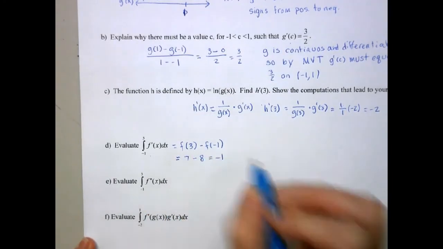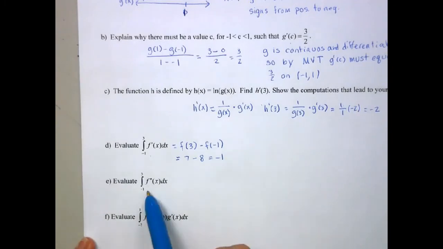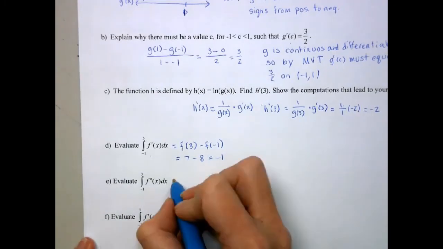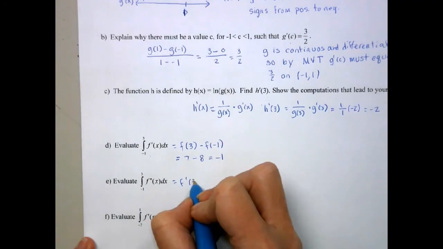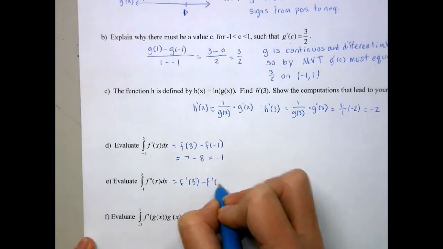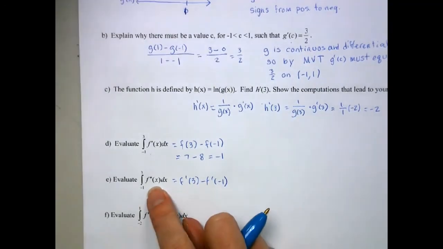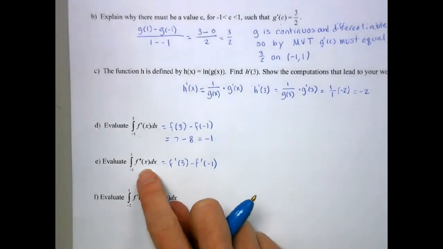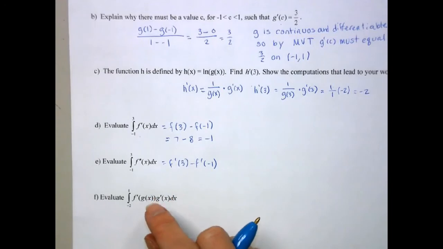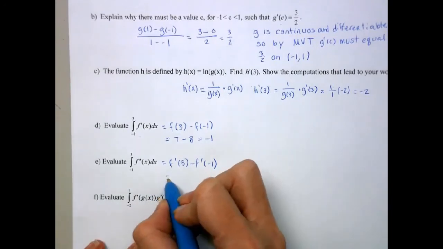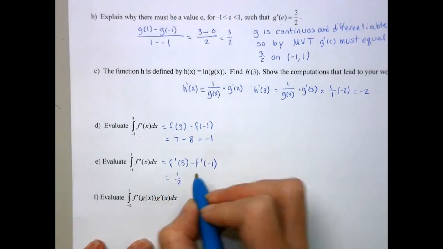Okay, this one is going to be f prime of 3 minus f prime of -1, because the antiderivative of f double prime is f prime. Again, carefully from the chart, you get 1/2 minus 0, which is 1/2.